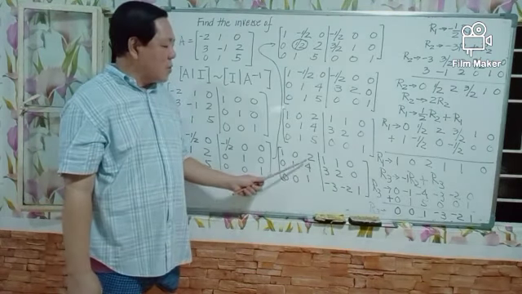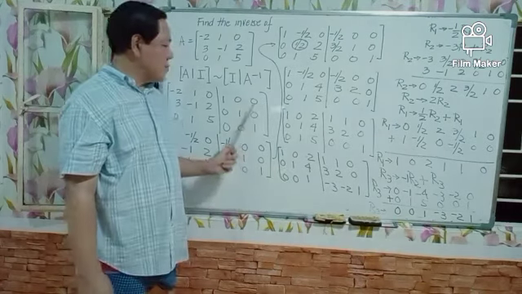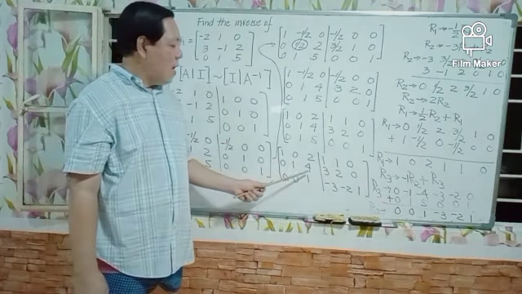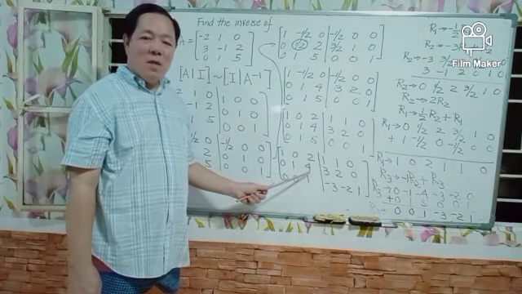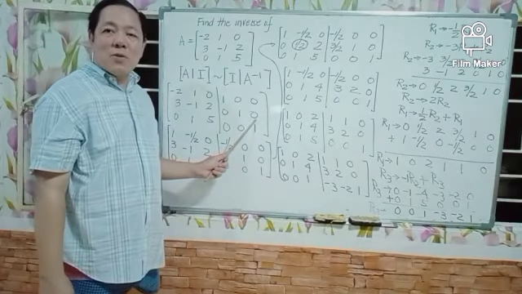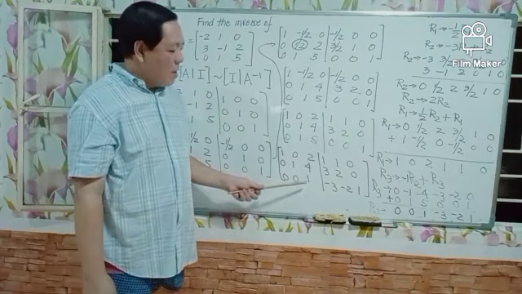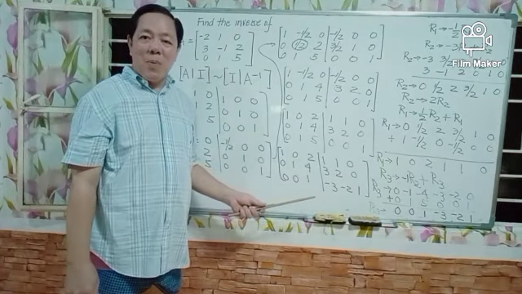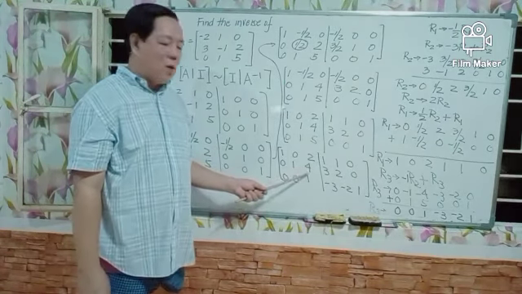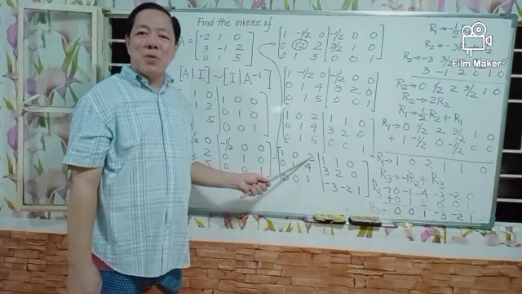So we only have to change 2 to 0 and we also have to change 4 to 0. So we perform 2 elementary operations to change 4 to 0 and to change 2 to 0.